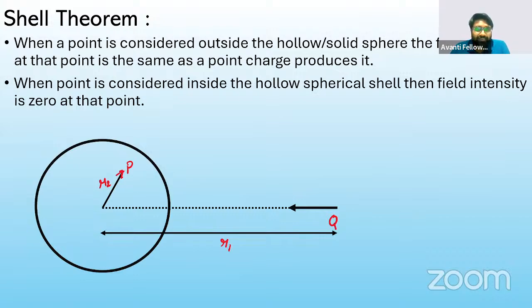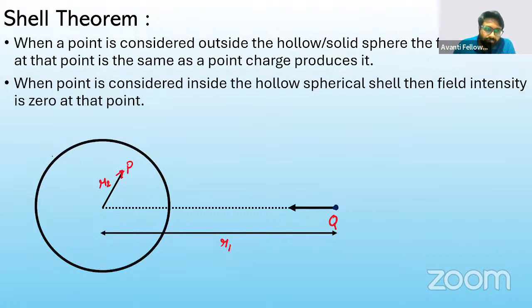So shell theorem says, it's very simple: if you have a hollow sphere or solid sphere, a hollow or solid mass particle, and if you want to calculate the force, or gravitational field intensity, at this point q, which is outside the sphere, either solid or hollow, we can apply the formula for point mass only.